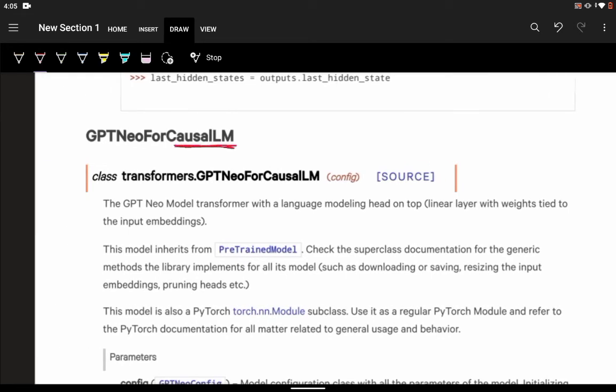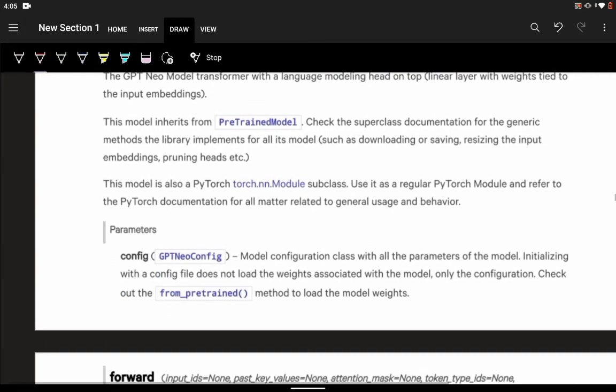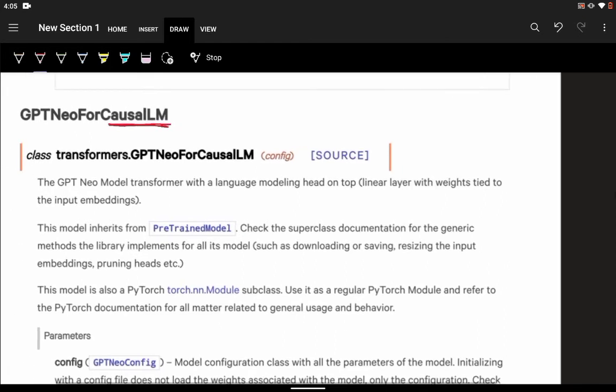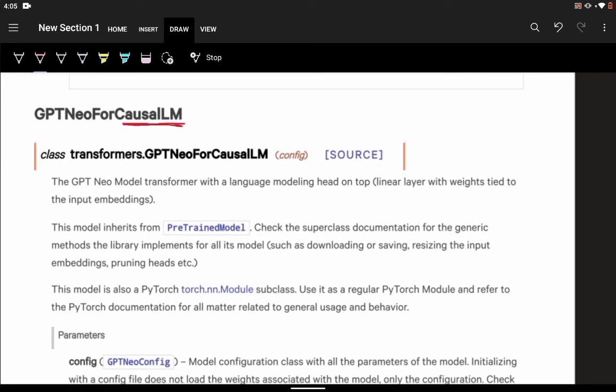Yes. So as I was saying, what is causal language modeling? The word causal means it has a cause to which there is an effect, the cause effect relationship. So causal language modeling, you can look it up.